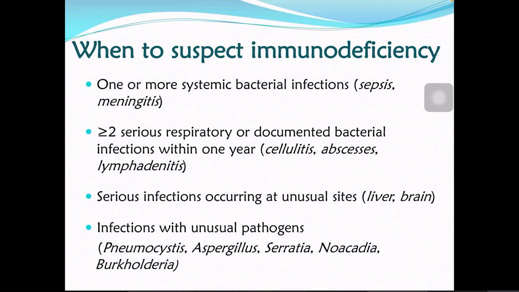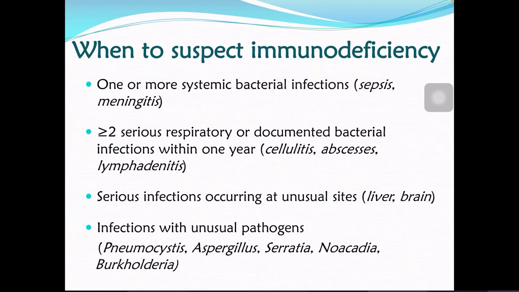So if a patient has one or more systemic bacterial infections, for example, sepsis or meningitis, then you may have to consider whether the patient could be immunodeficient. Having two or more serious respiratory or documented bacterial infections within a year. The documented bacterial infections could be things like cellulitis, abscesses, and lymphadenitis.